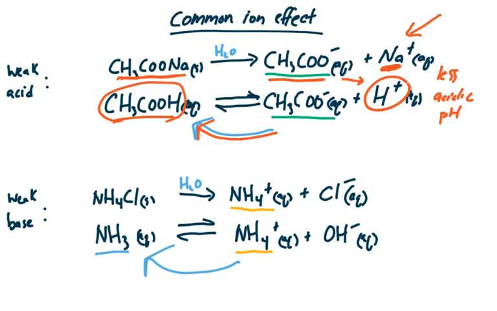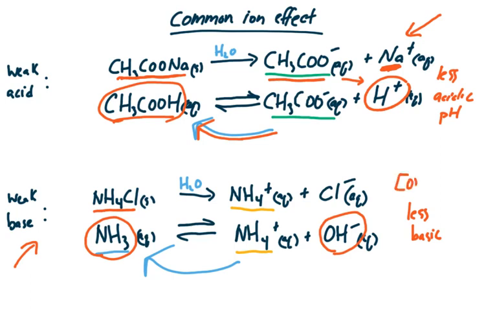When we look at the bottom example here with our weak base, well, the addition of ammonium chloride to solution is going to make this solution less basic than what it would be if it only had ammonia in it. Remember, a basic solution has a high concentration of hydroxide ions, or the concentration of hydroxide ions is greater than the concentration of hydronium ions.